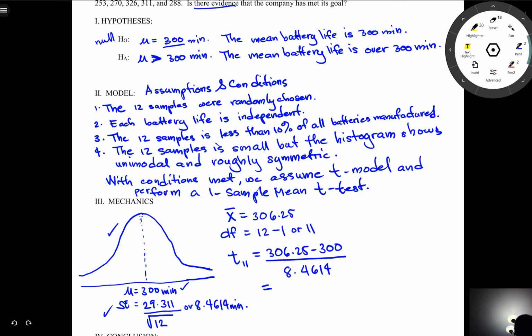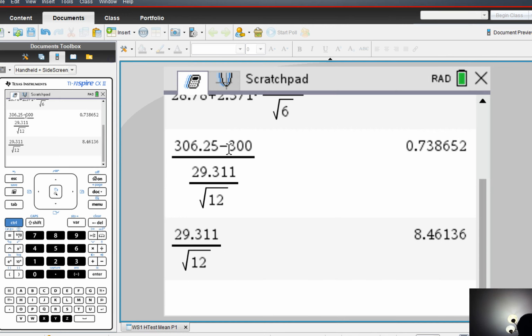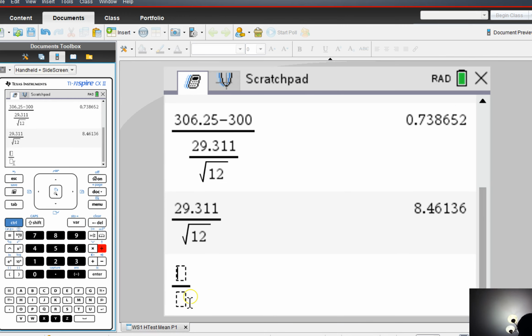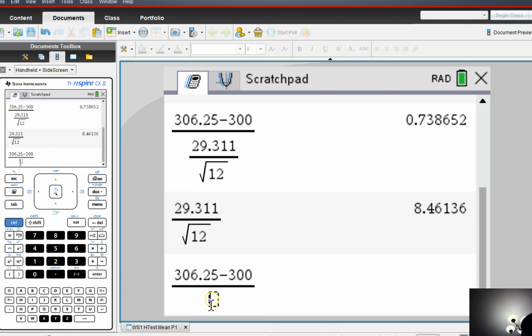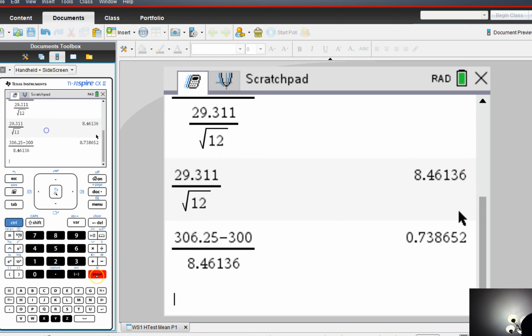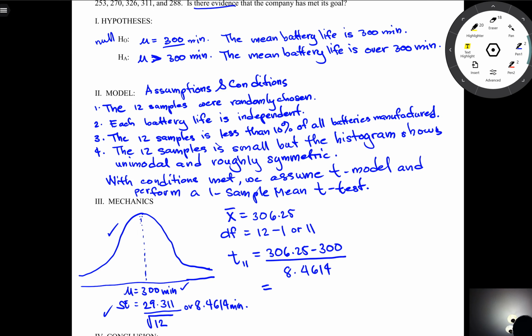So let's get that. It's going to give us 0.739.